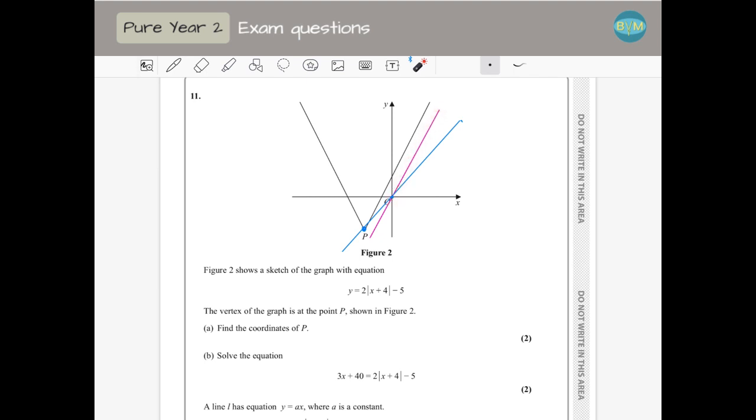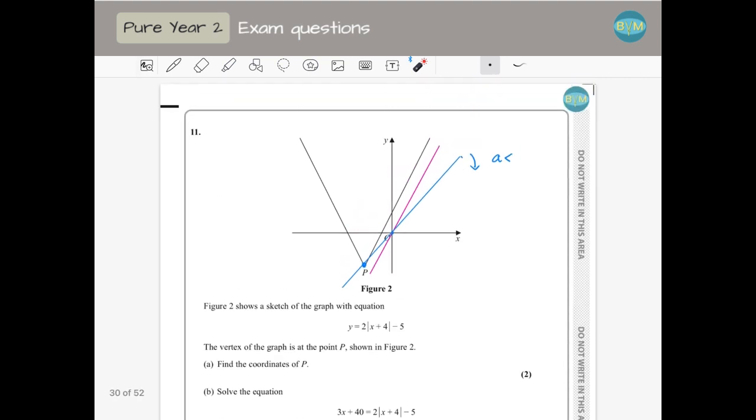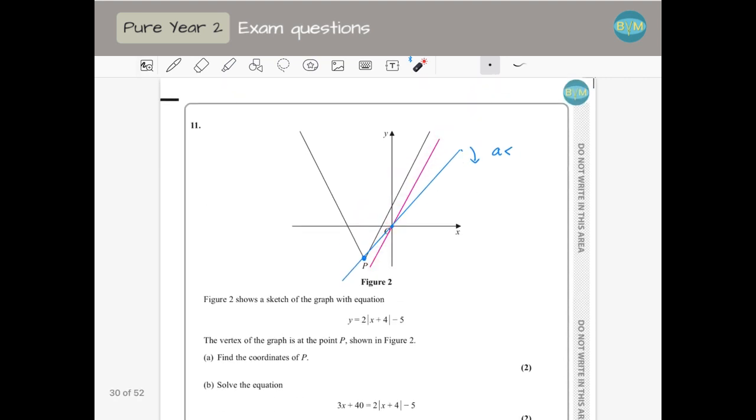So anything with a gradient smaller than the gradient of this line, we can find it. It's easy to find. And if I increase the gradient, even if it doesn't look like it, this one is not parallel anymore, so it will cut this line in at least one point.